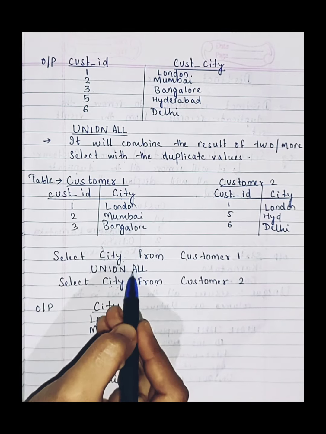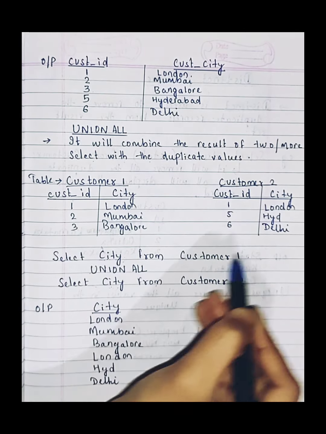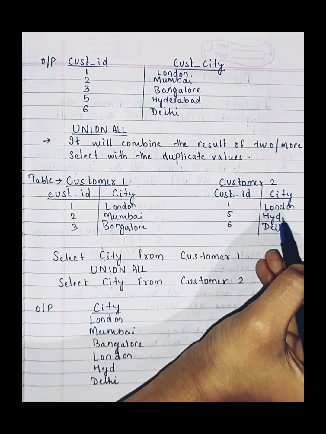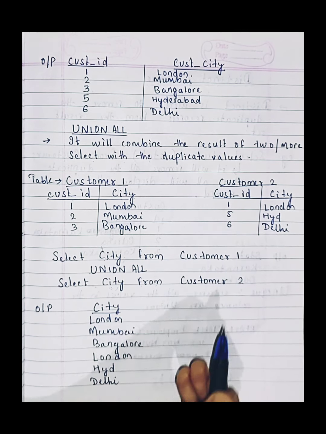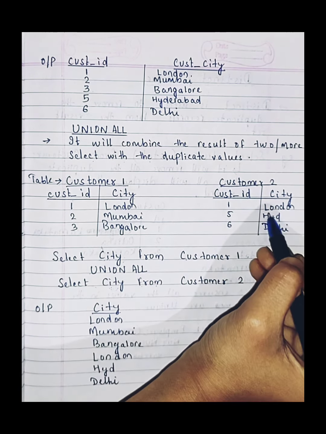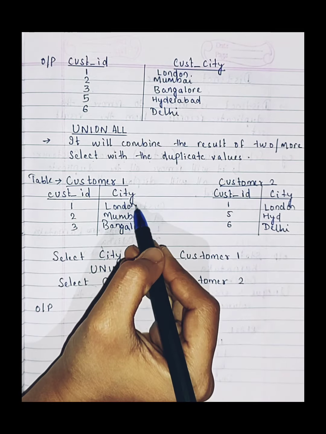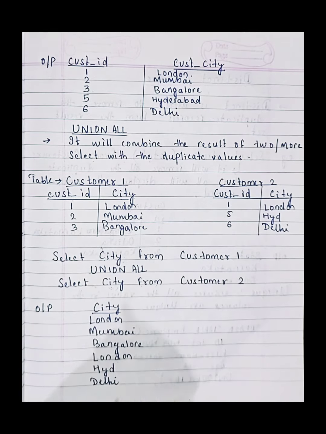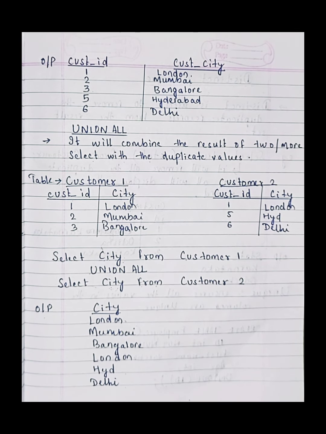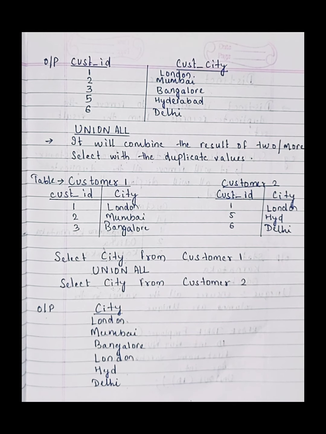The output of the first select is London, Mumbai, Bangalore, and the second select is London, Hyderabad, Delhi. Now the union all will not discard the duplicate value. London is repeated in both the selects, so the output will be London, Mumbai, Bangalore, then again London, Hyderabad, Delhi. I hope you are clear about the union and union all.